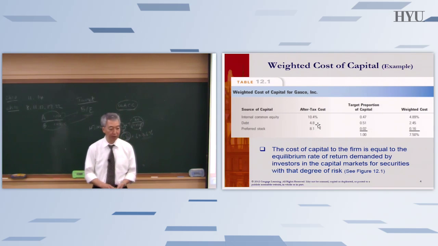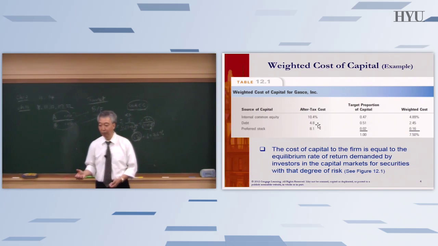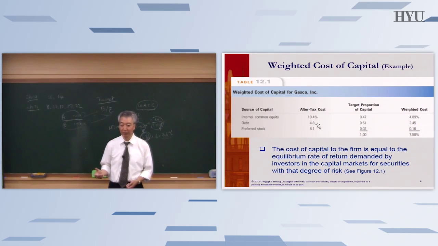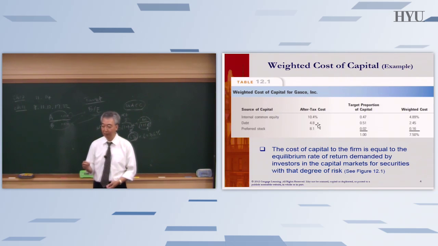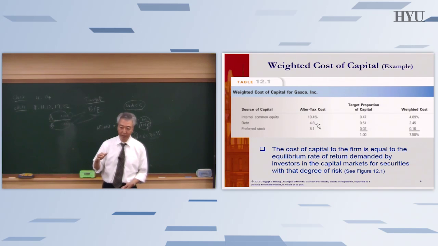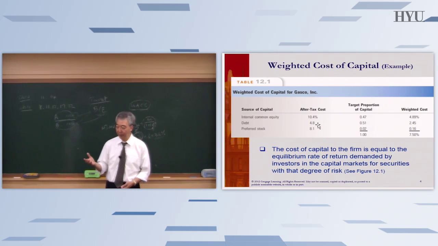Who decided this? Market. Yes. Well, of course, you can say maybe it was suggested by an investment banker, right? But then, how did the investment banker come up with this 4.8%? Well, they considered the market. In essence, what they came up with is the lowest possible rate at which you can sell your bond and raise enough capital that you need.